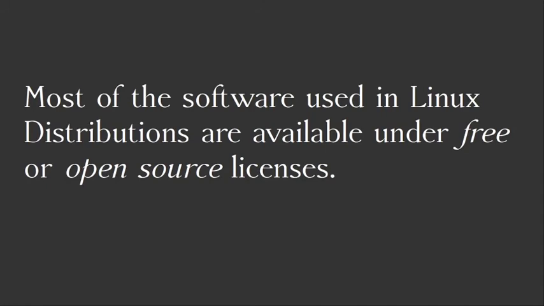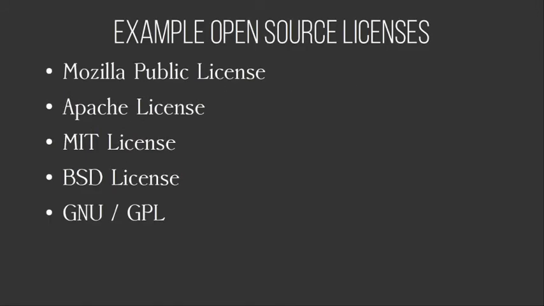Now, with this being said, how to tell whether or not an application is in fact open source? Well, you can look at the specific licenses, and that's going to be your best stop right there. Right here we have a collection of some of the more common open source licenses that you will see in the wild. We have the Mozilla Public License, the Apache license, the MIT license, the BSD license, and once again, the GNU GPL license that we spoke of earlier.